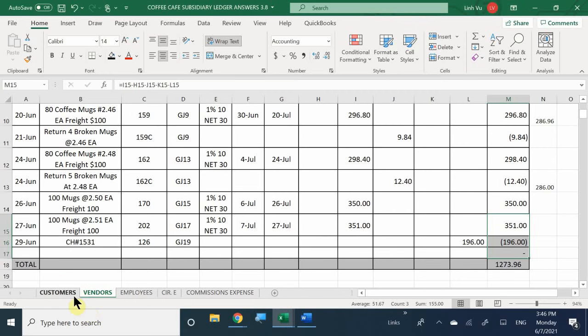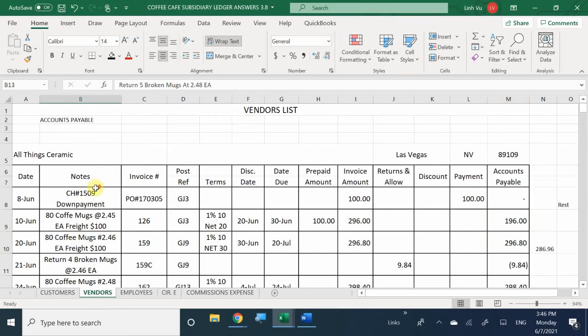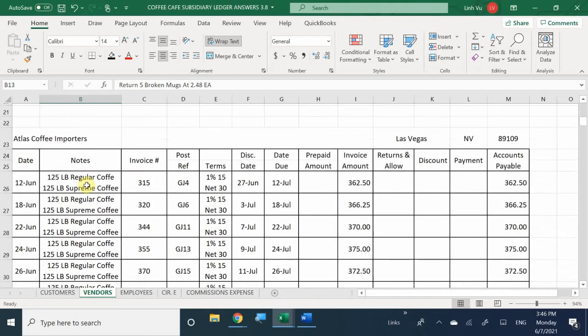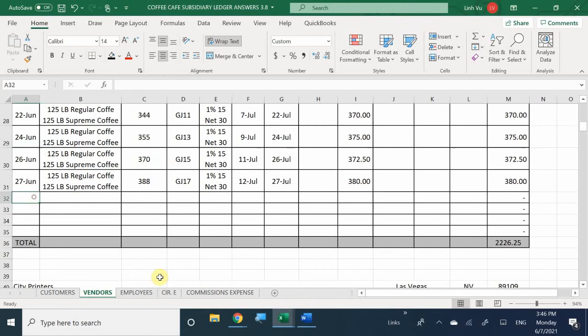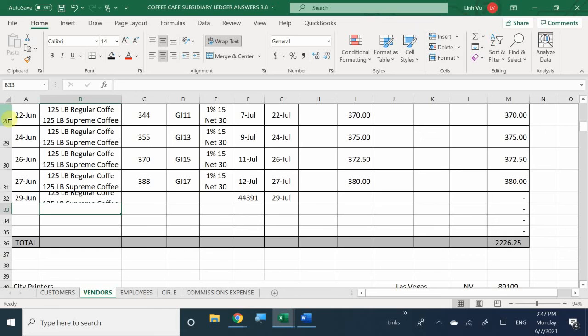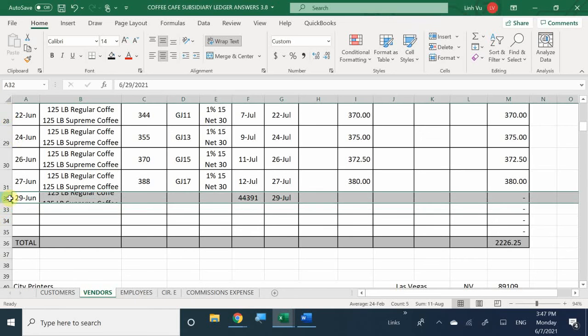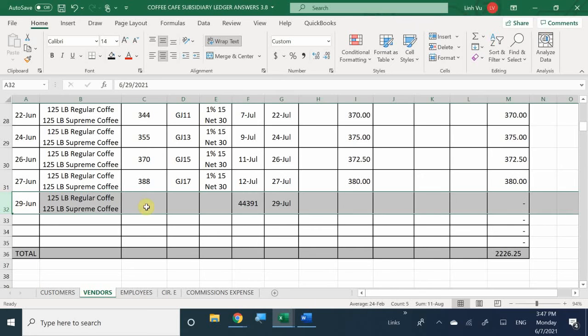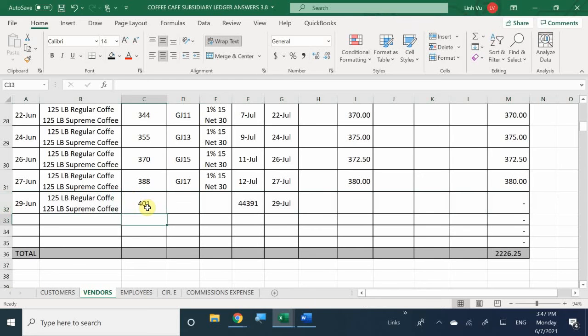Atlas Coffee Imports. 29th of July. Purchase 250 pounds. I put 120 pounds of regular, 120 pounds of supreme. Invoice will be 401. General Journal 19.